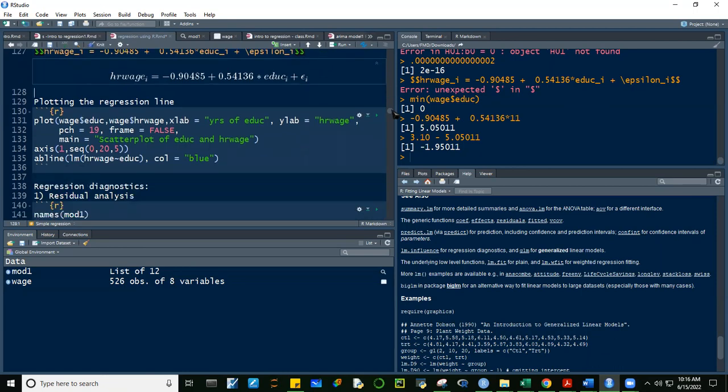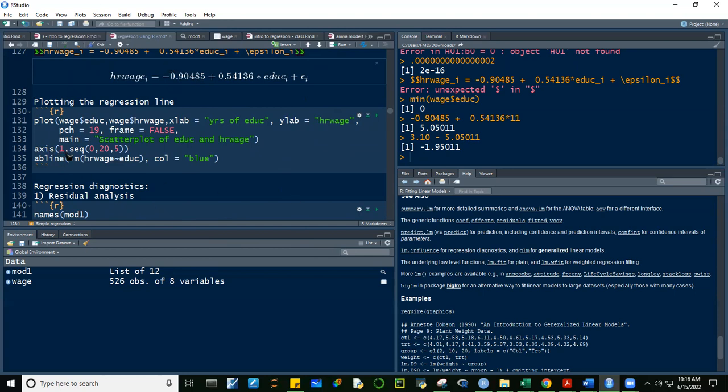Okay. Now, let's plot, guys. Na-plot na natin to, no? Ito ginawa natin last time. So ito pina-plot natin si education on the x-axis and hourly wage on the y-axis. Nilagyan natin ng label, yung x-label, y-label, plot character, and then frame is equal to false. Ibig sabihin huwag lalagyan ng border.